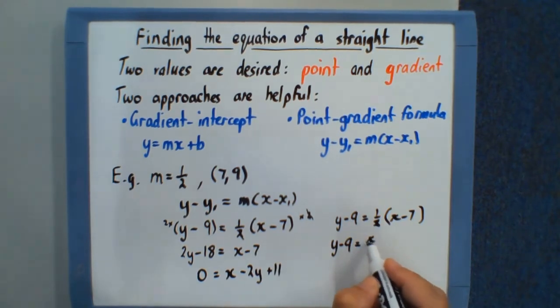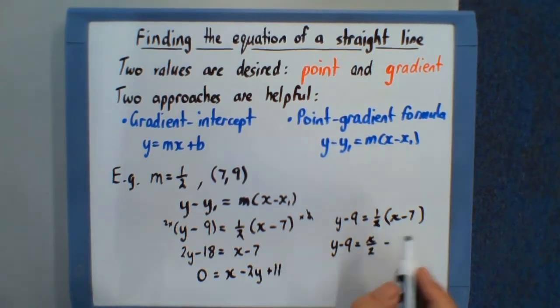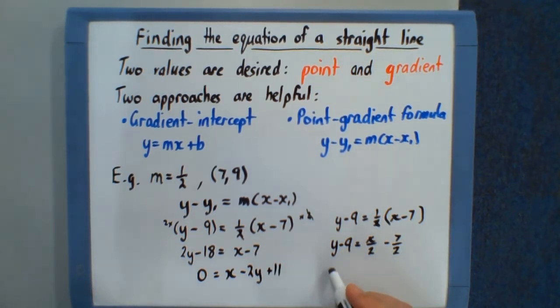So that gives me x over 2 minus 7 over 2. Add 9 both sides. x over 2, negative 7 over 2 plus 9 is 18 minus 7, 11 over 2. Okay, so plus 11 over 2.